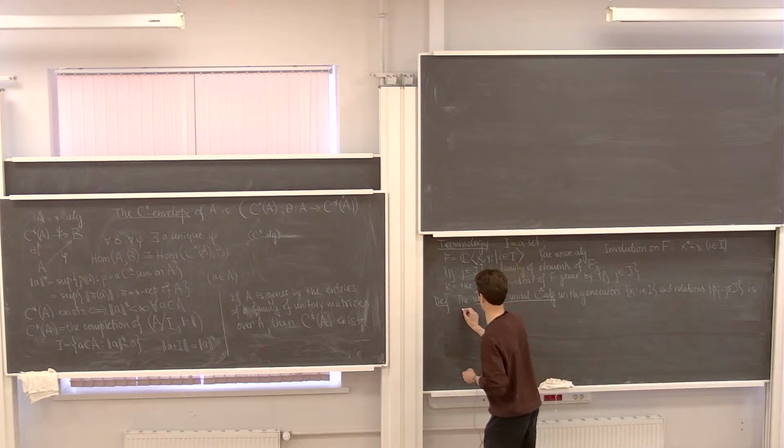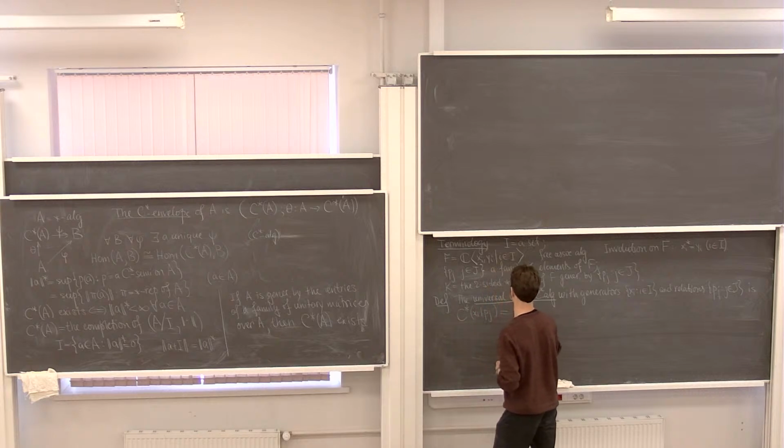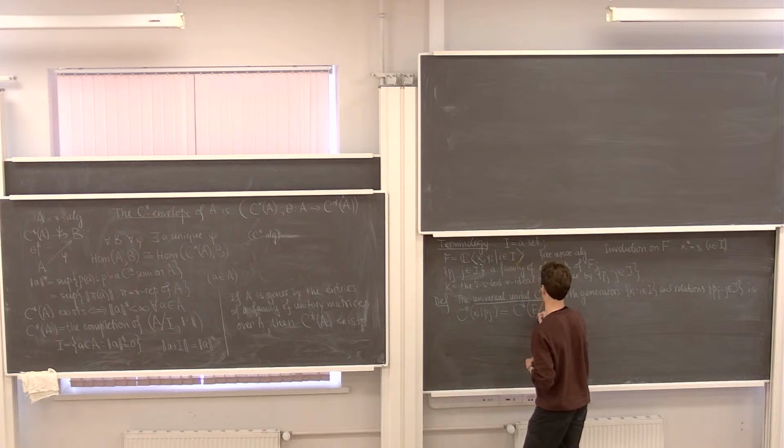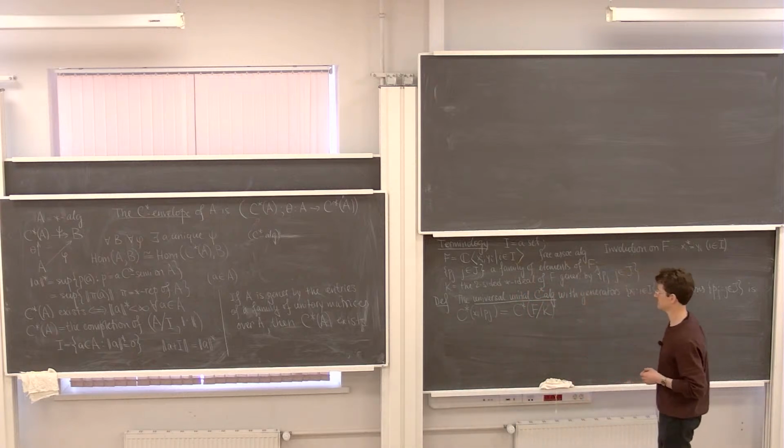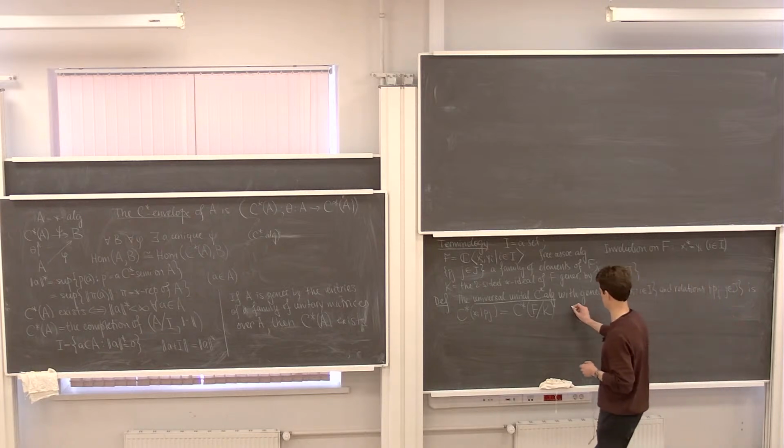It is denoted like this. And by definition, this is the C-star envelope of the quotient of F modulo K, if it exists.